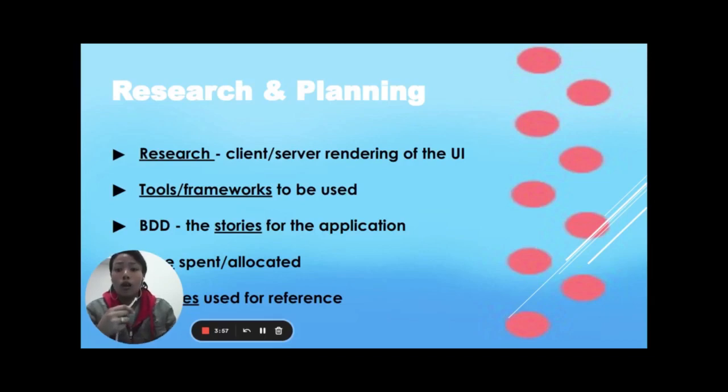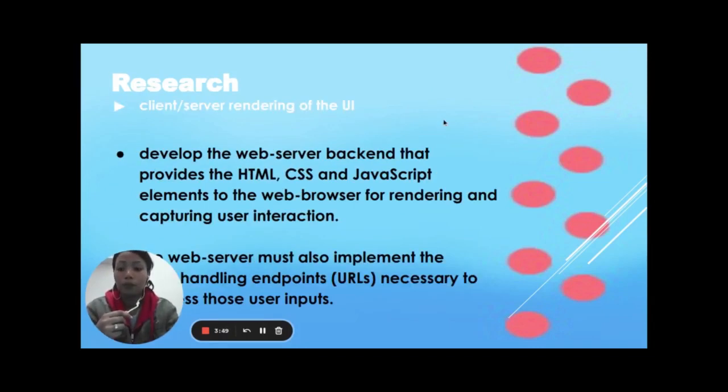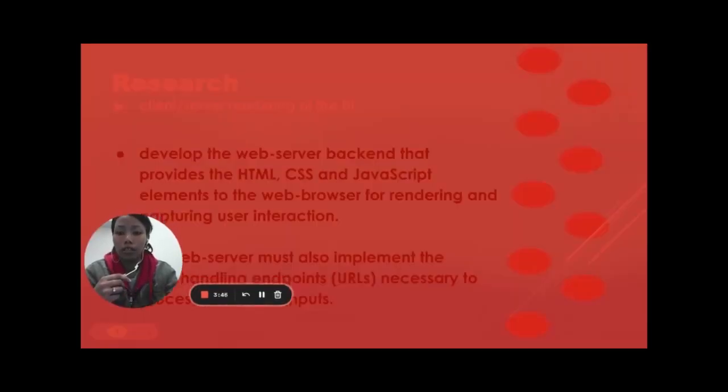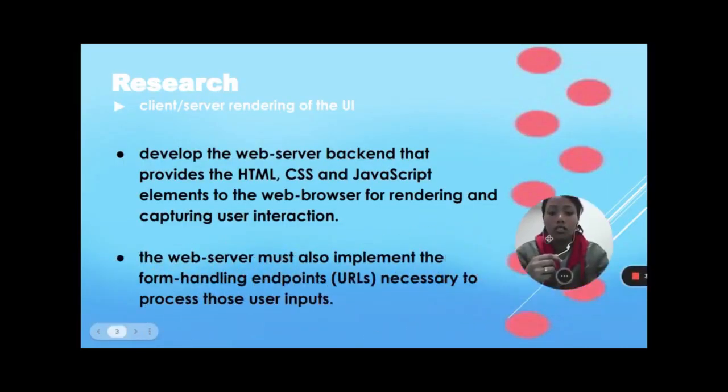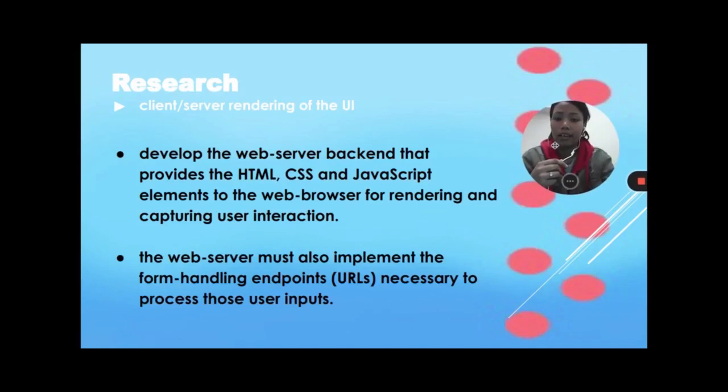Okay, so our research and planning was as follows. I'll be going through each of those steps for you. So, for our research, this was basically an application that we needed to create, which hosts a server as well as a client.